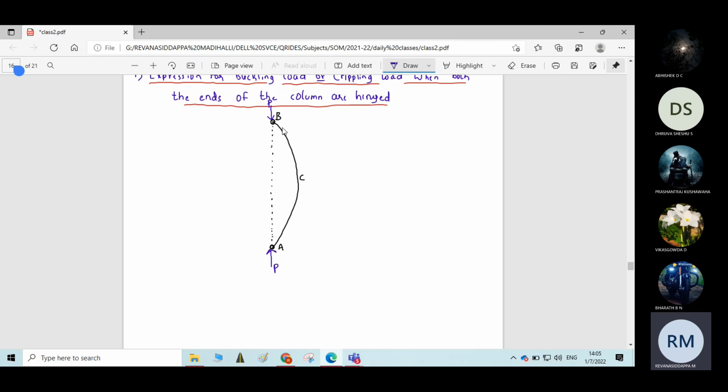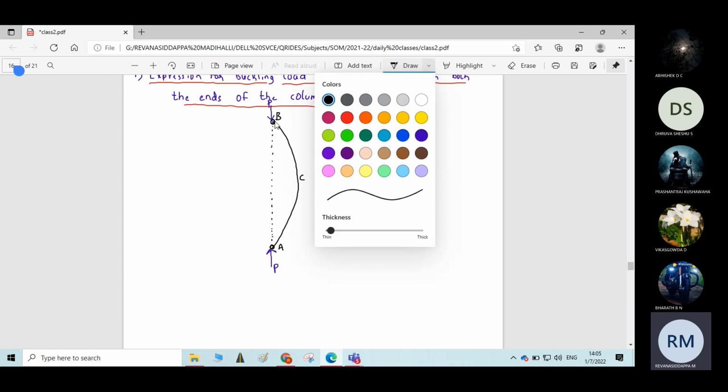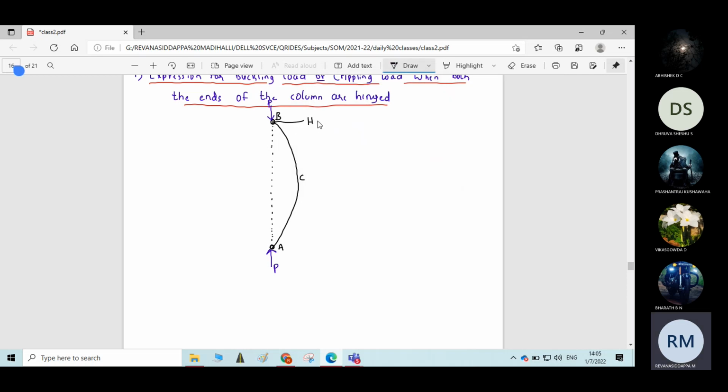This is the hinge. This is the representation of hinged support. If you just draw a small bubble at the end, it is the representation of hinged support for a column.